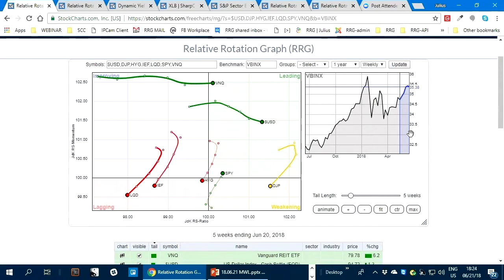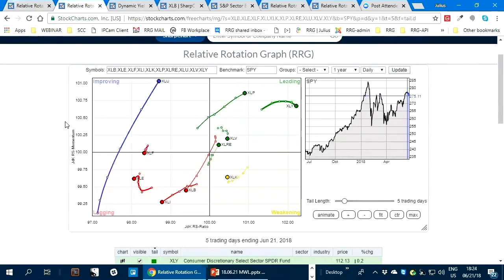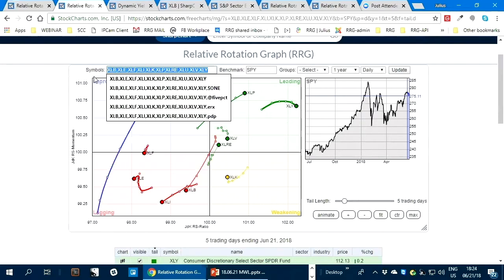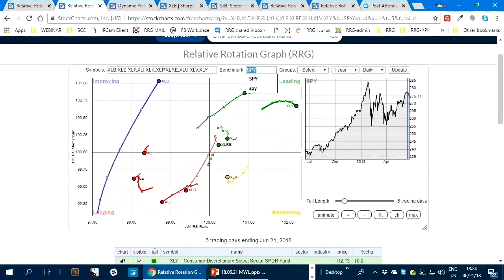Now, before we dive into the analysis of this chart, I'd like to play with benchmarks a little bit more. If we move to the US sector RRG that we're looking at right here, we're all familiar with these 10 sector ETFs that track US sectors, and we're using SPY as a benchmark. Now, this is what we call a closed universe.